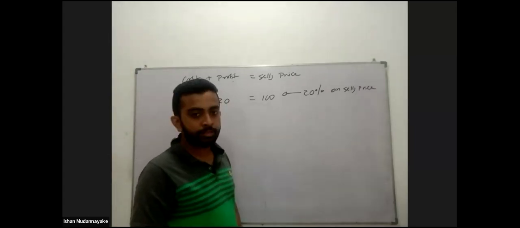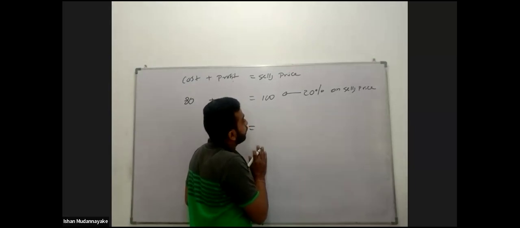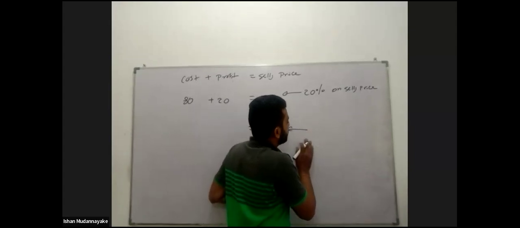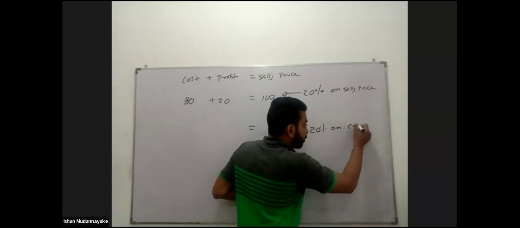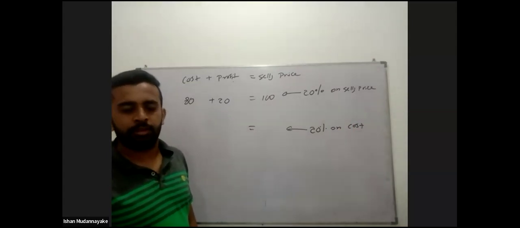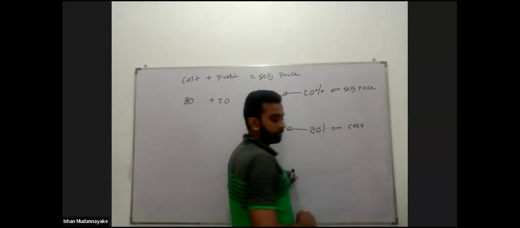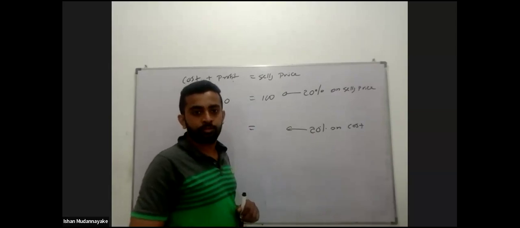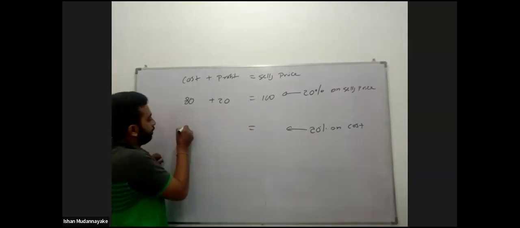I will teach you the difference. In some situations, the examiner asks you to calculate selling price by adding 20% on cost. On cost, then cost is 100.